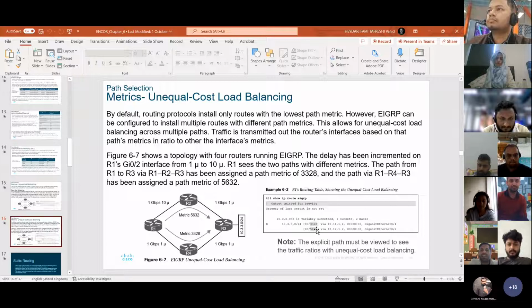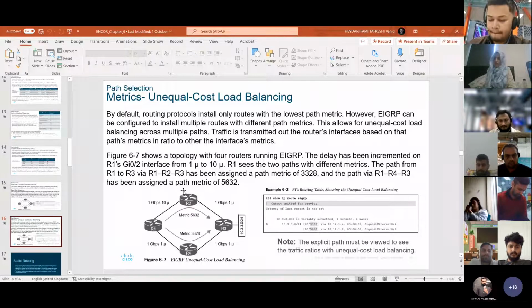So if you create a fraction, put 30,326 on top and 5,632 at the bottom, that fraction of the traffic will go this way, and the remaining is going to go that way. This is exactly how unequal cost load balancing or multipathing happens.